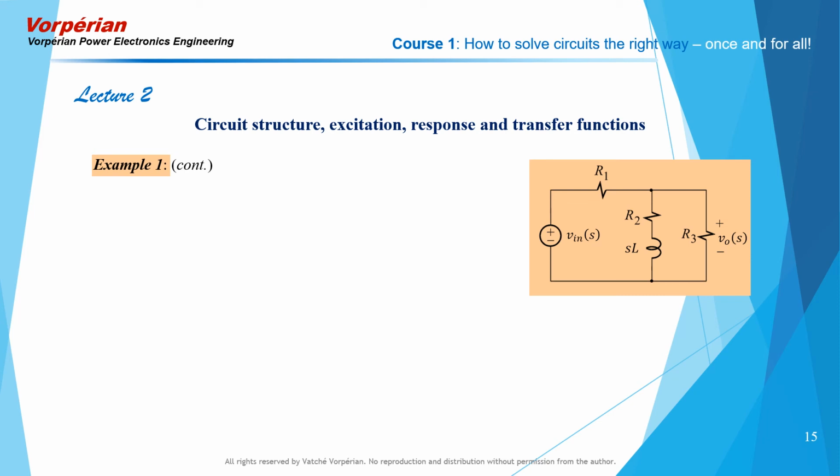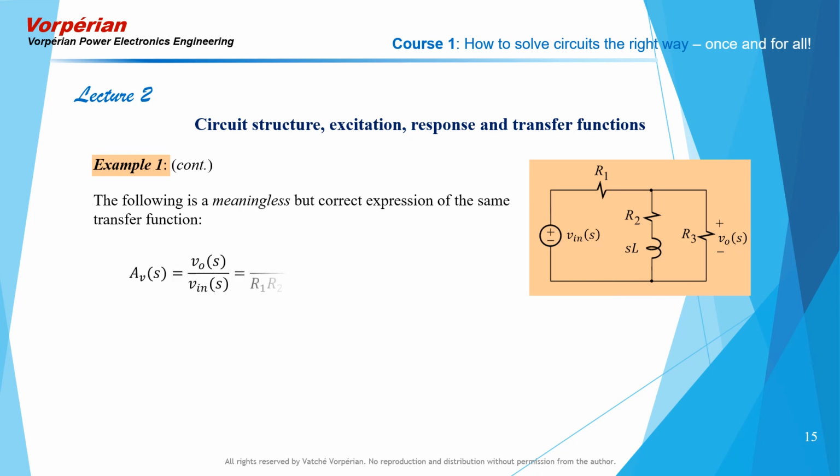Of course, one could obtain another expression for this transfer function, which is entirely meaningless, but nevertheless very accurate, and it looks like this. And only the Lord knows how many times I've seen this expression in application notes, books, reports. It is an expression that makes no sense, but as I said, very accurate.